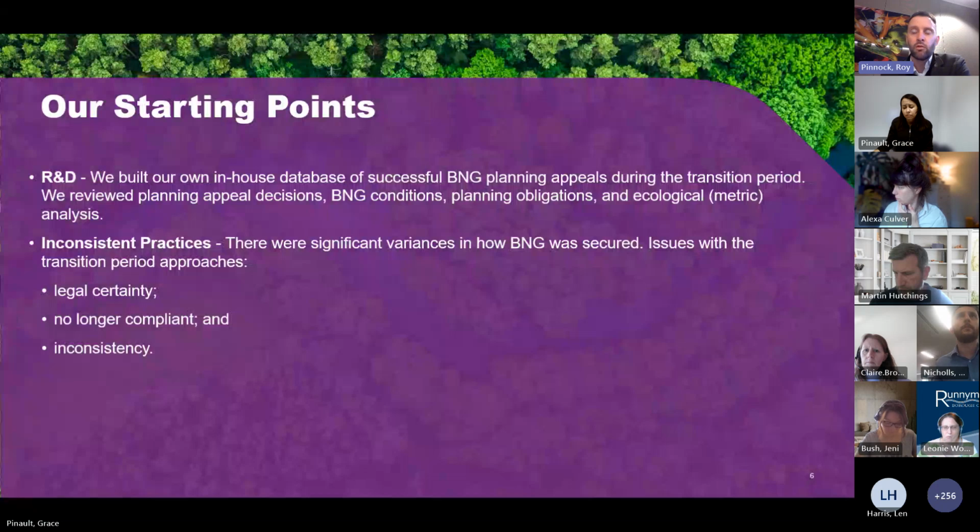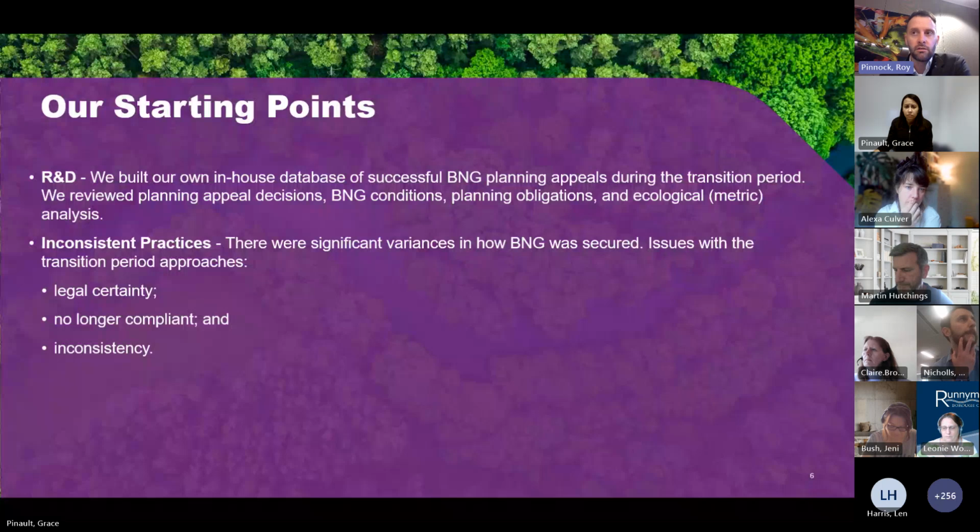So the core purpose, really, I think the mission of the work, is about saying, well, how can we create something that tries to identify consistent practice and make sure that you've got a suite of documents which you don't need a lawyer to operate, which is ultimately, I think, the benchmark test of any decent piece of legal advice, which is at the end of the day, you don't need a lawyer to then give effect to it.